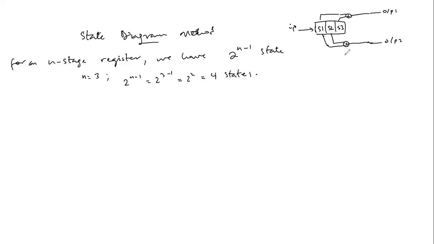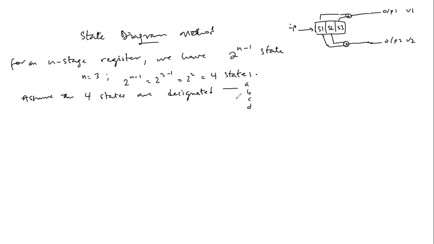So for us to use this connection diagram, for which this is V1, this is V2, we must first design the state table. But note that we have 4 states. So let's assume the 4 states are designated as A, B, C, D.